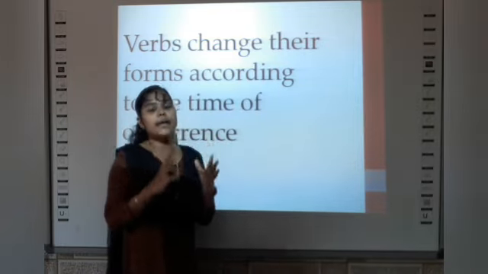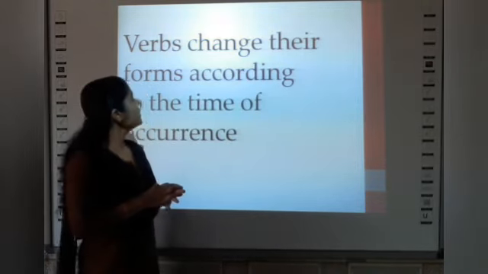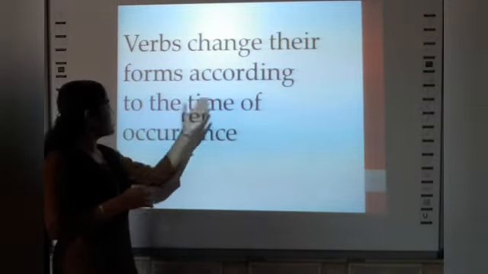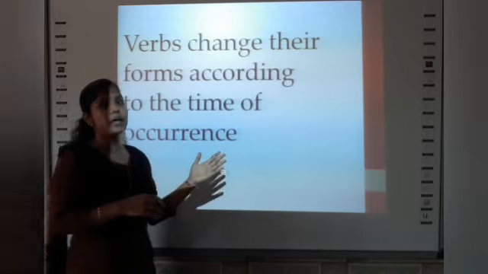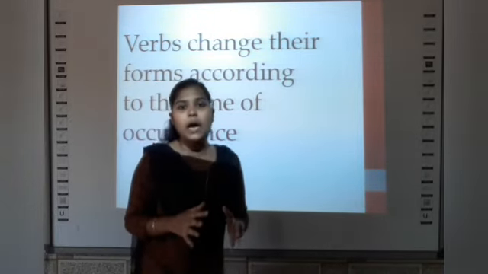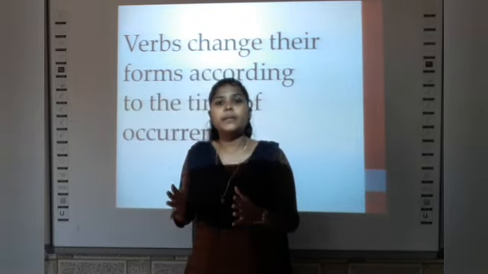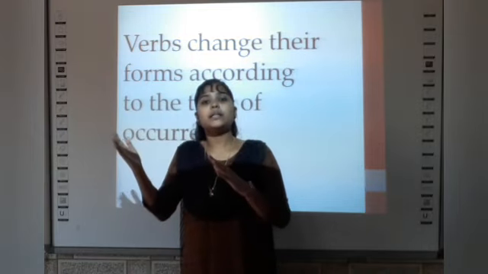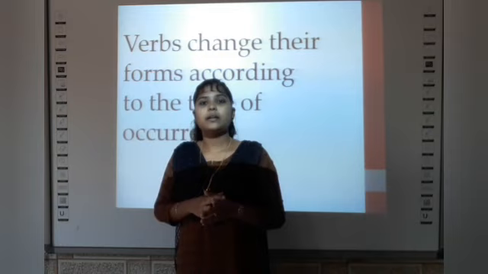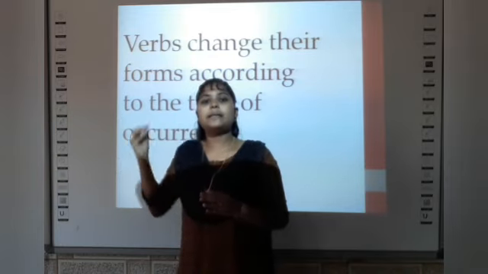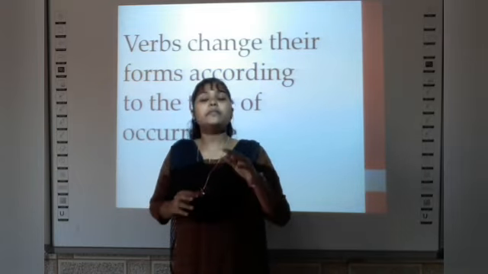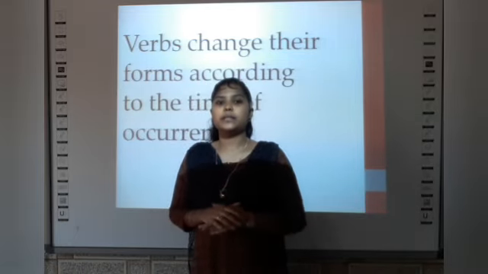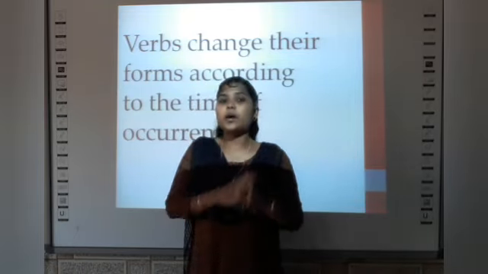Students, please make it understand. So, verbs change their forms according to the time of occurrence. If something happens now, then the verb will be in the present form. If something happened yesterday, then the verb indicates the past form. If something will happen tomorrow or next year or next month, then the verb changes form.